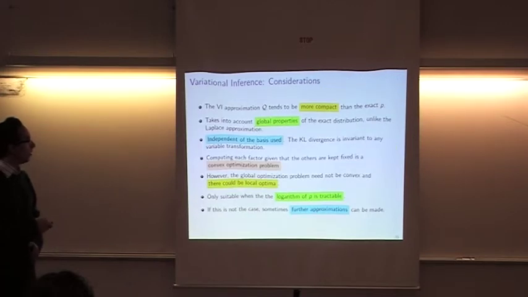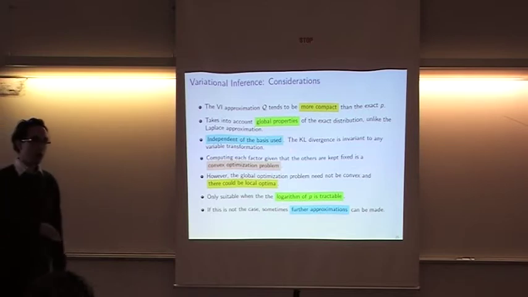A difference of this variational inference approximation with respect to the Laplace approximation is that it is independent of the basis used. This means that if we do a change of variables, the approximation is going to be the same.